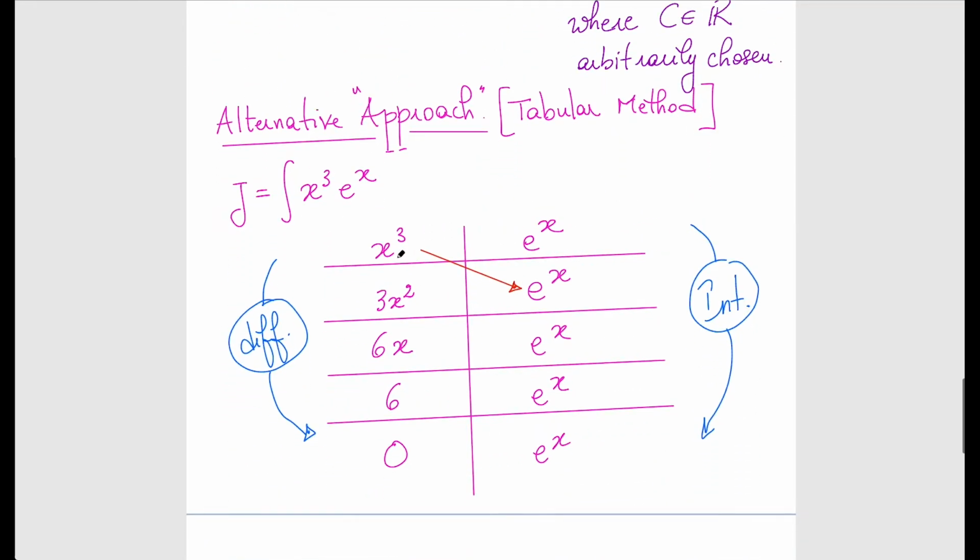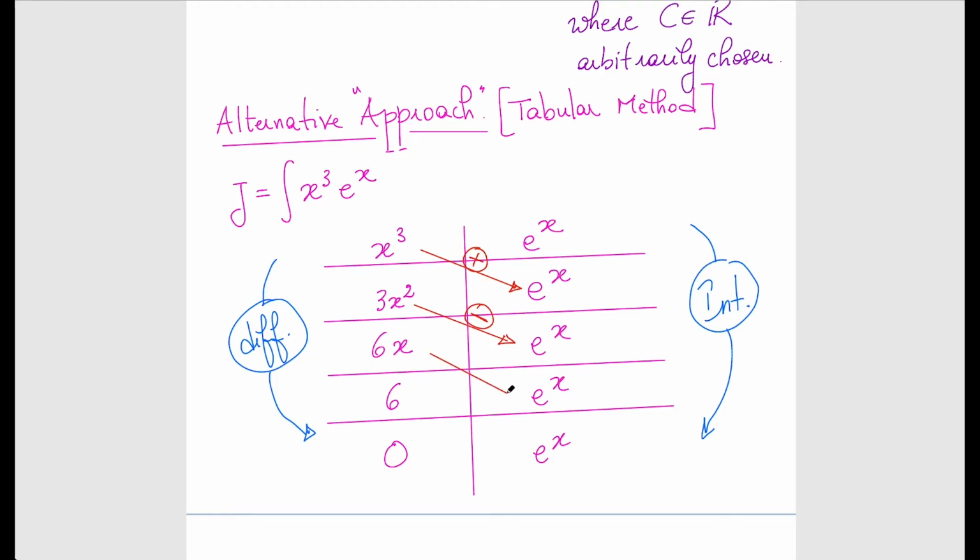So how does that go once we differentiated this left column and integrated this right column? So you multiply these guys, you multiply diagonal expressions, so x cubed times e^x, and the sign is gonna be important. So the sign here is gonna be a plus. This times this diagonal product is gonna carry the sign minus.